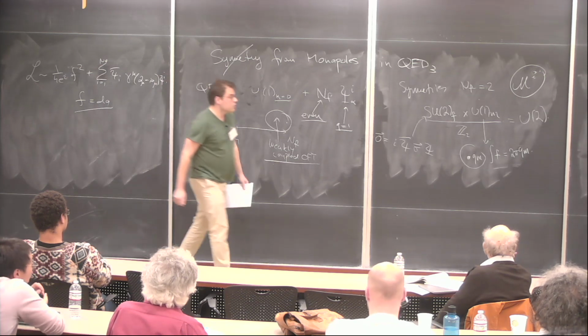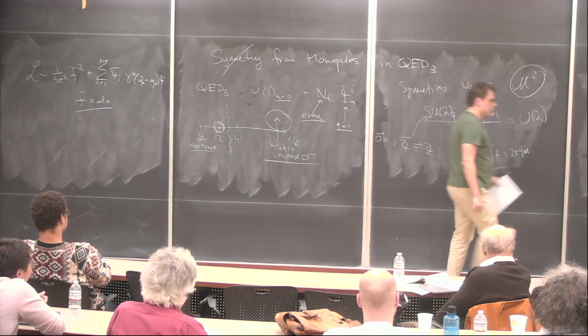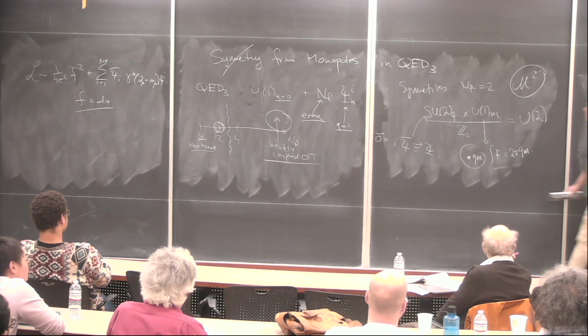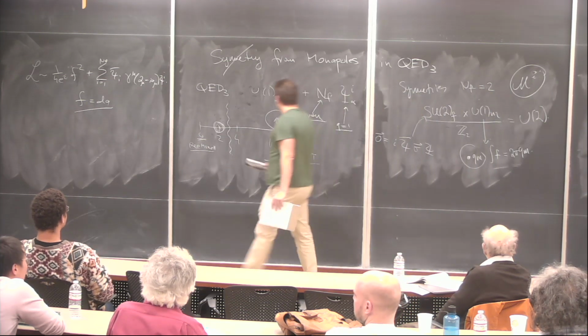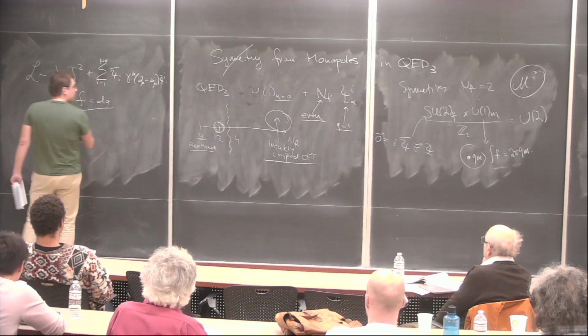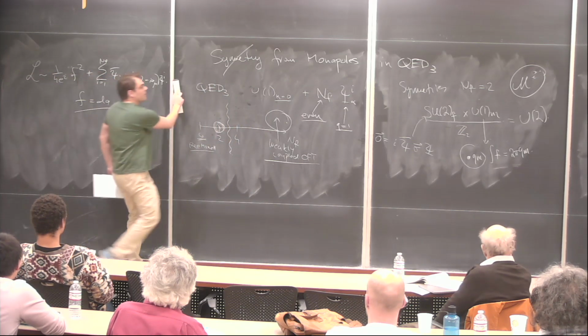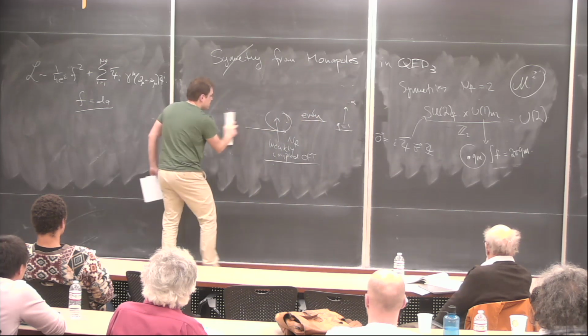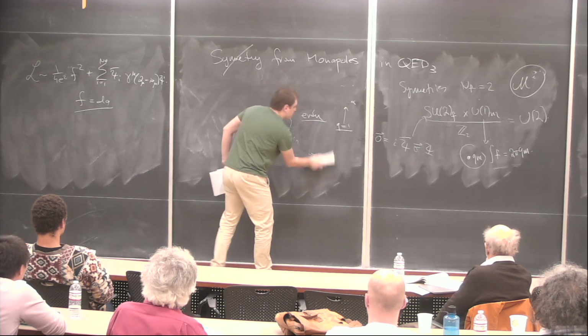All right. So the main claim, which I'll try to justify a little bit to you, is that this theory with 2 quarks spontaneously breaks this symmetry.